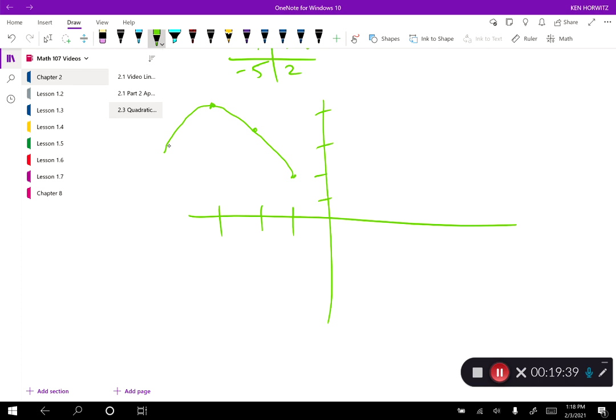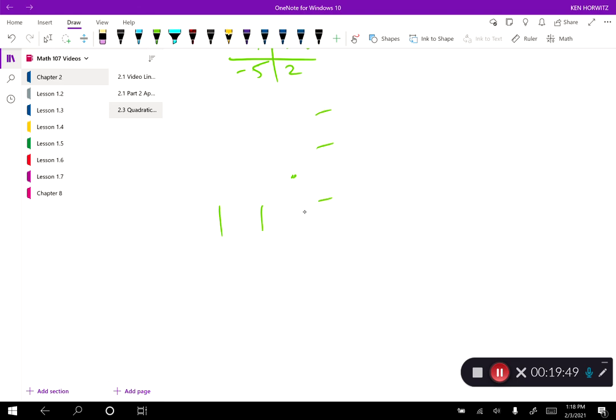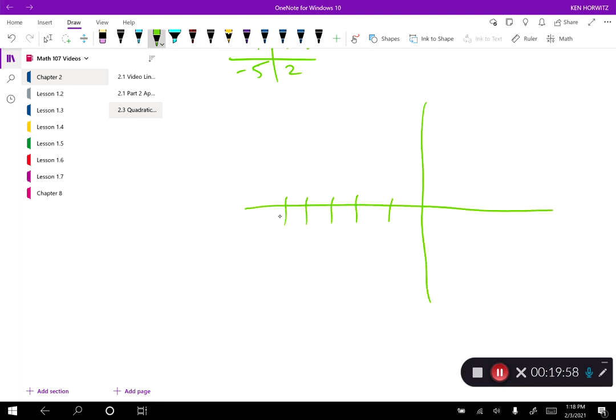I kind of jacked up my drawing a little bit, but not bad. If I was making this for a grade, I probably would redo the drawing. You know what? Let's redo the drawing anyway. What the heck? This is the last thing we're doing anyway. May as well move it over just a little bit. Okay. So I got negative 3, 1, 2, 3, 4.